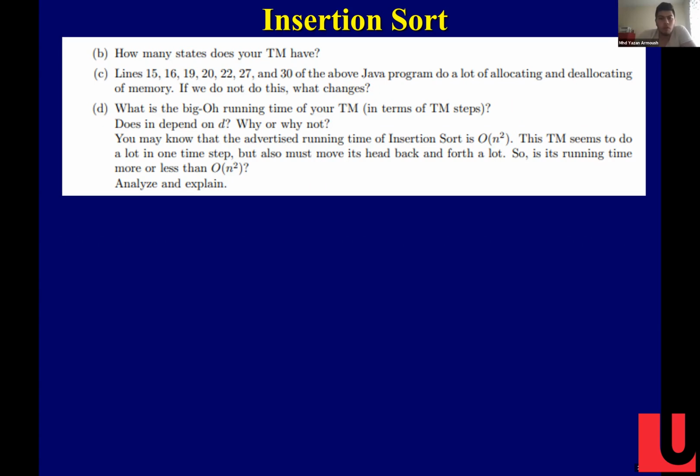Sir, I just have a question. For saying how many states does your Turing machine have, can we just say exactly the number and that's it, or do we have to show you in steps how we got it? I would say, as a rule of thumb, true about any test in the world, if you give the perfect answer, then the TA will be very happy and give you perfect.